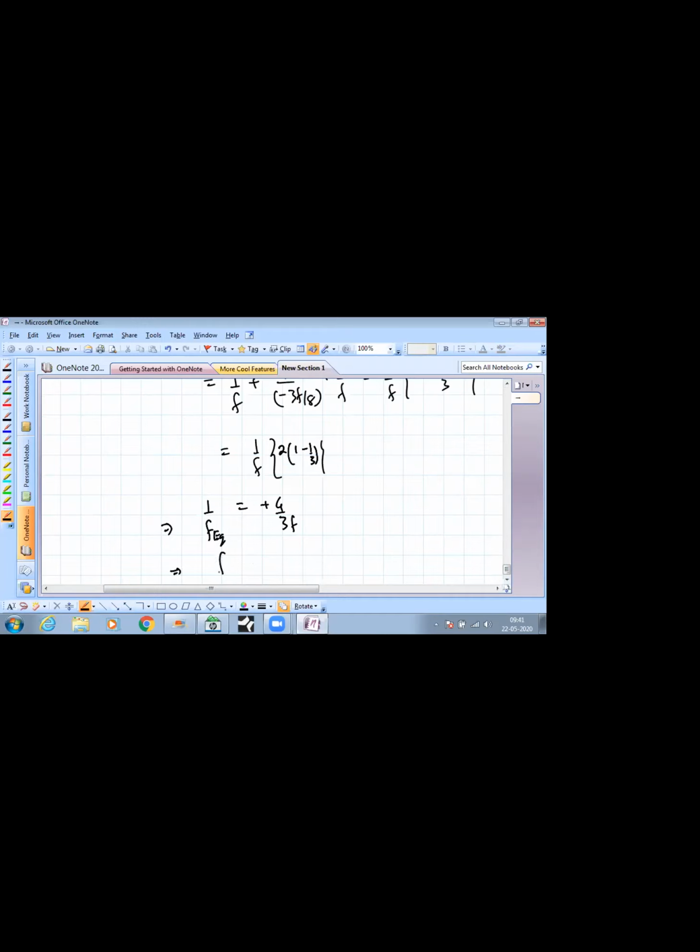So the equivalent focal length is plus of 3 by 4f, which means that the combination acts like a converging lens. Of f equivalent 3f. Okay, so hope this is clear.